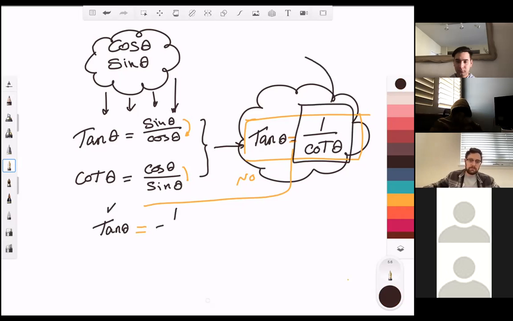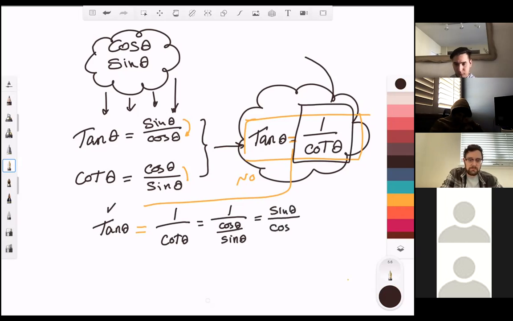So I have 1 over, instead of the cotangent of theta, this is the same as 1 over cosine of theta over sine of theta. 1 over cosine over sine is the same as sine theta over cosine theta. Sine over cosine theta is tangent of theta. So we proved it. So they are equal.